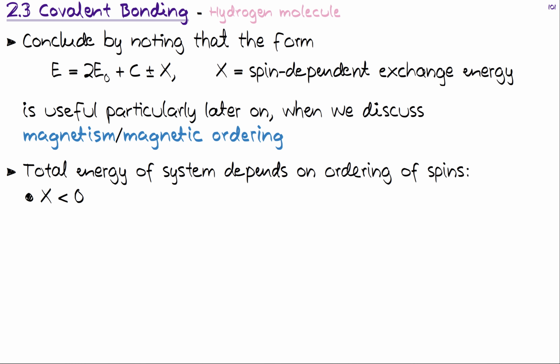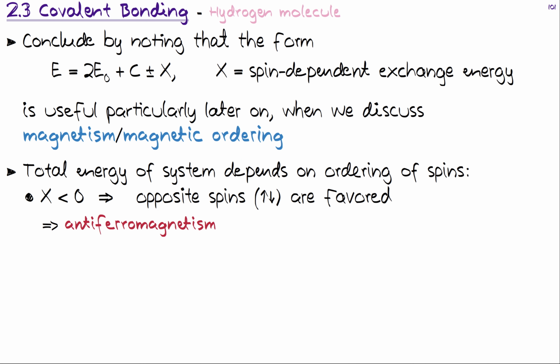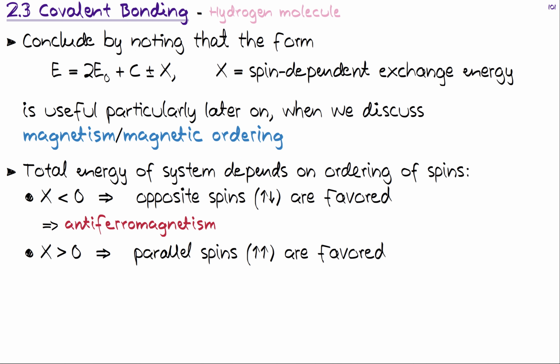If we have X which is negative, then the opposite spins are favored. And this is the scenario that leads to anti-ferromagnetism as a physical phenomenon. And if we have X larger than 0, then that means that the parallel spins case is favored, and that gives rise to ferromagnetism. So these are 2 different scenarios for magnetic ordering taking place on a macroscopic scale.